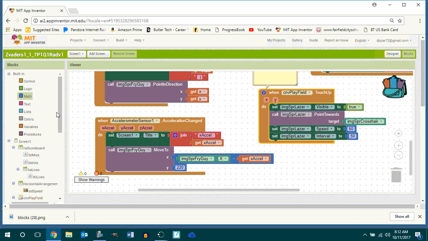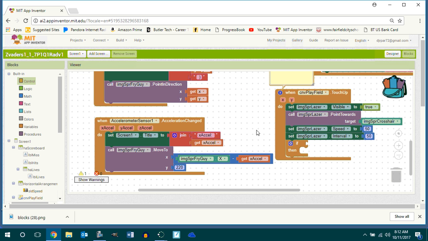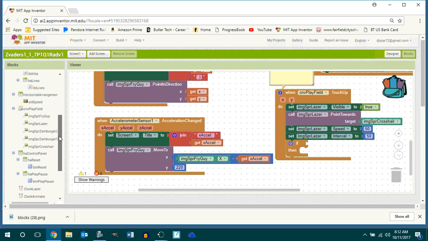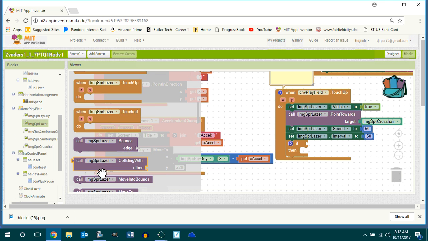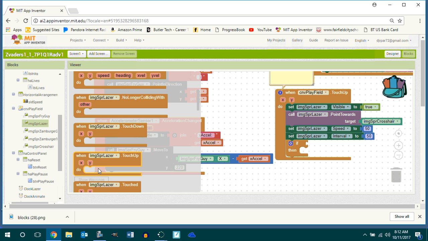So we had to do an if statement here. Are you guys with me on this? If, okay, so if the image, if the laser Y. Is there an edge reached?